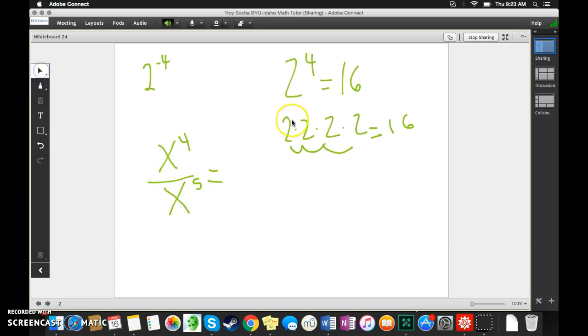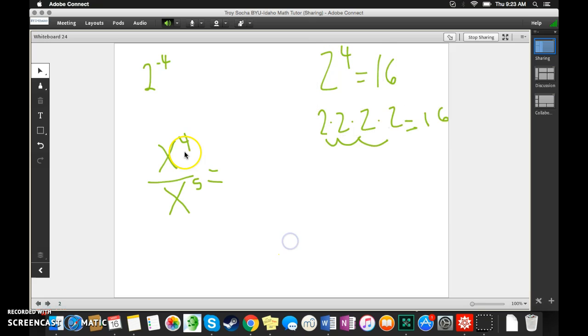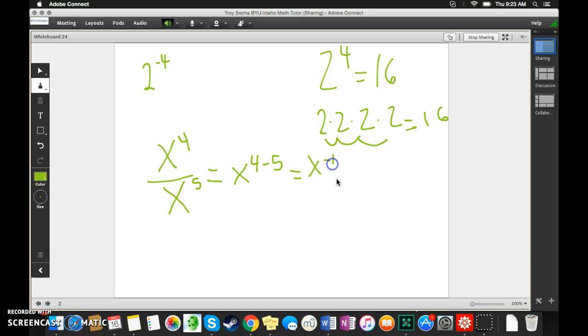The law of quotients states that we would take this, make this x, 4 minus 5, top minus the bottom, and we're left with x to the minus 1. This is where we get negative exponents from. Now this also looks like this.